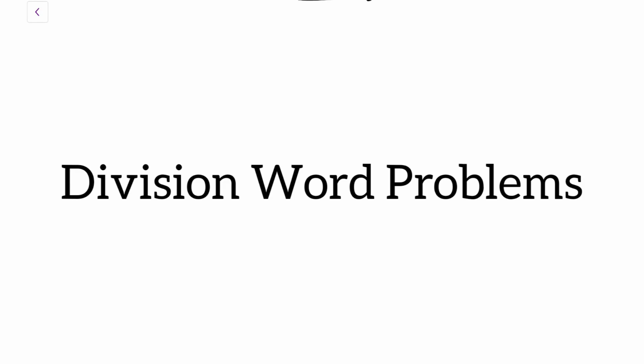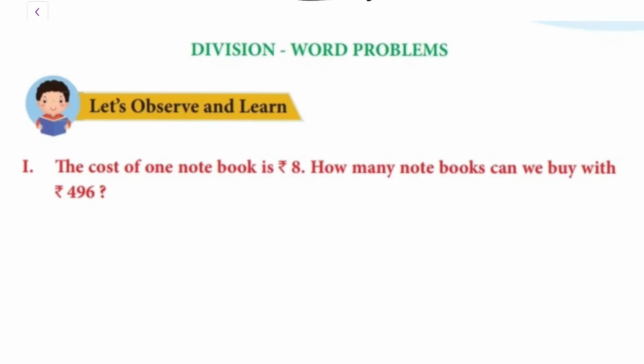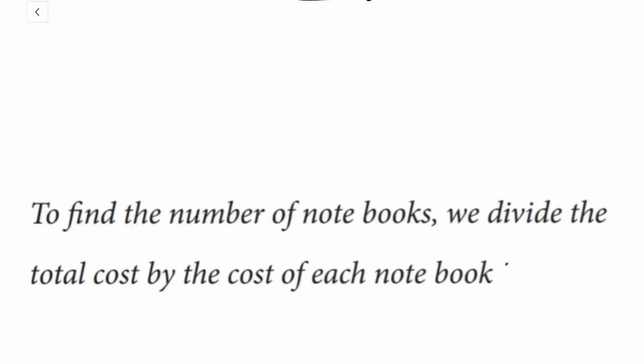Alright, now let's see word problems. How do we use division in word problems? Here's your first question. The cost of one notebook is 8 rupees. How many notebooks can we buy with 496 rupees? To find the number of notebooks, we need to divide the total cost by the cost of each notebook.